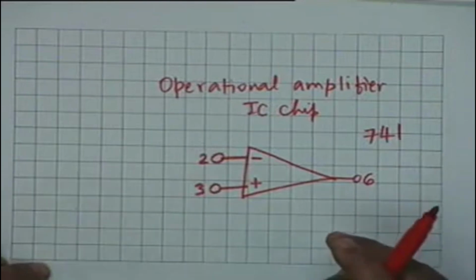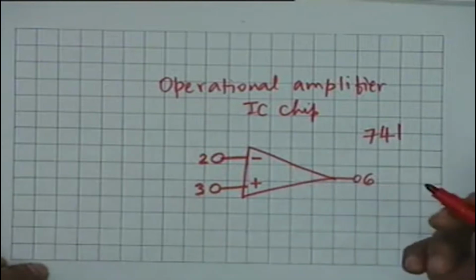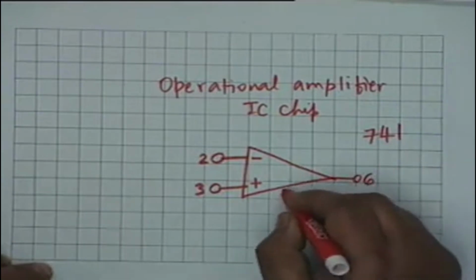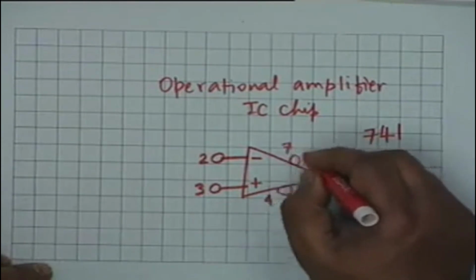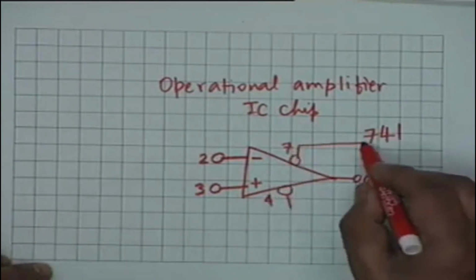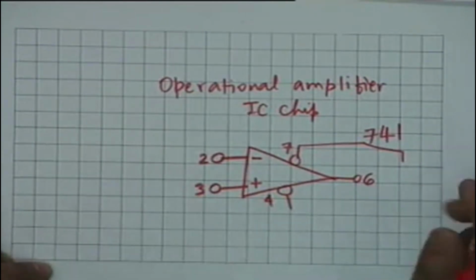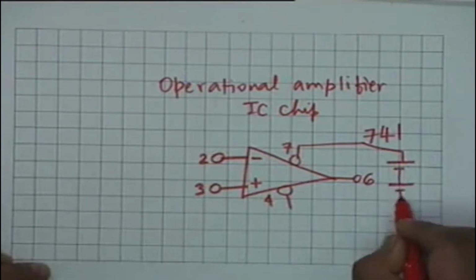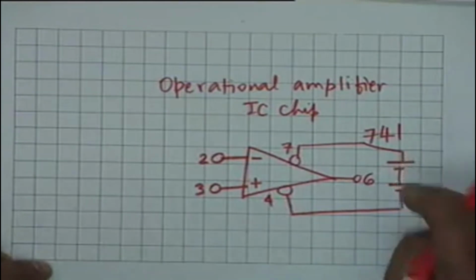You require other terminals for power supply connection, and any electronic circuit requires a power supply, a DC battery to be connected, and the power supply terminals are 4 and 7. A typical 741 requires a power supply of 2 kinds of polarities, that is a positive one as well as a negative one. Typically this could be plus 12 and minus 12.